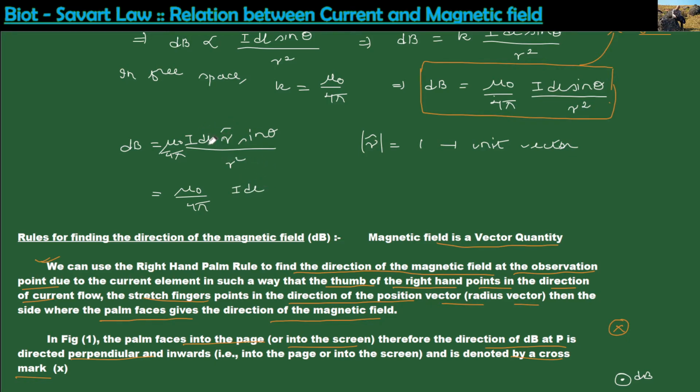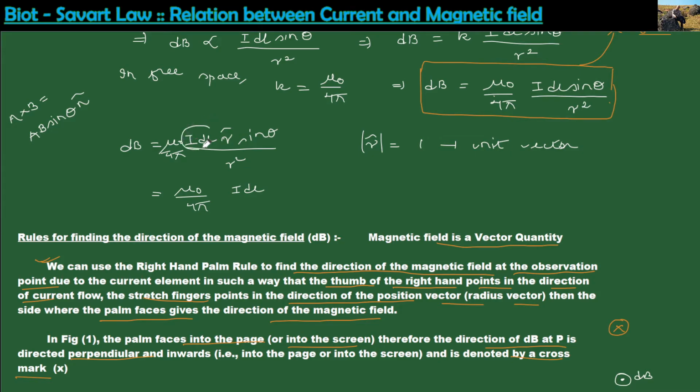This comes from the definition of the cross product of two vectors: A cross B will be AB sine theta n cap. So that n cap will be our r cap.